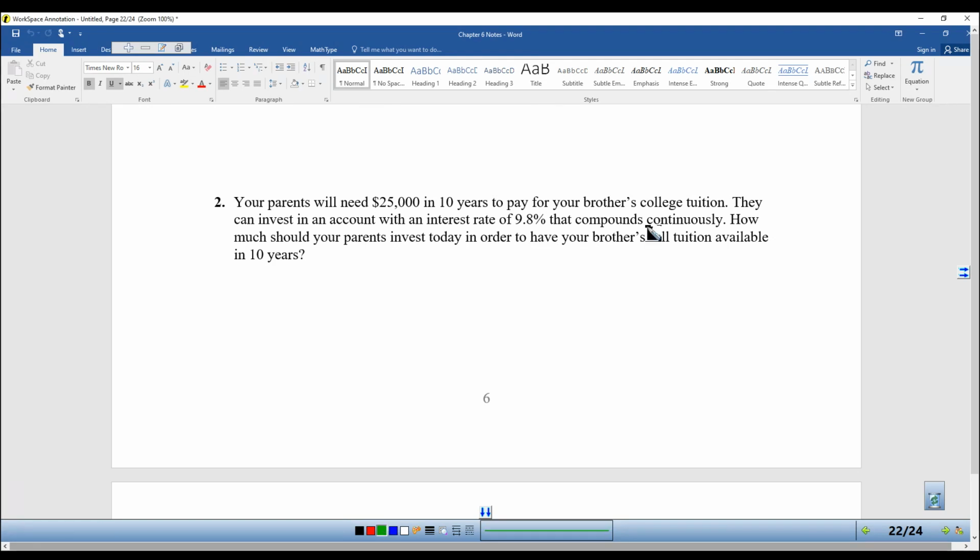So first of all, this is the key. As soon as you see that something is compounded continuously, you know you want this formula. A is equal to P e to the RT. That's up on your paper there. So in this case, the amount that they want is 25,000, and they're trying to figure out how much they should originally put in.